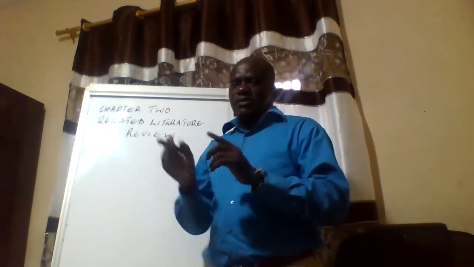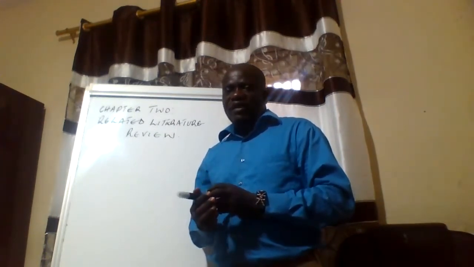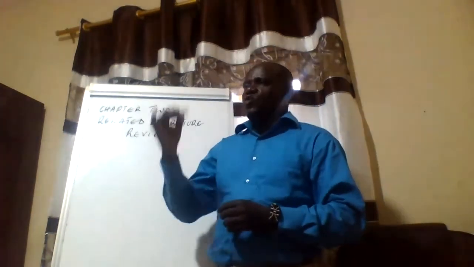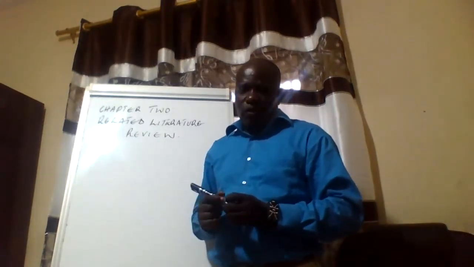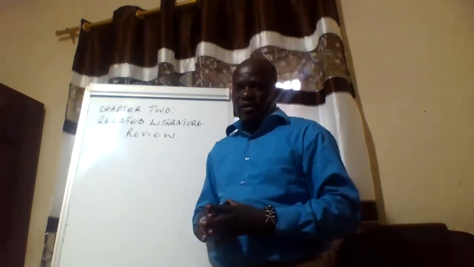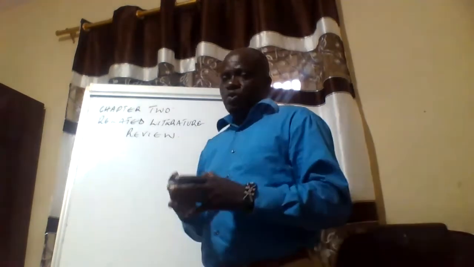You'll find chapter 2 will have 2.0. Then you write the topic, that is literature review or related literature review, meaning whatever you will be reading is related to the topic or title of your study. Then you have 2.1, which is the introduction to chapter 2.